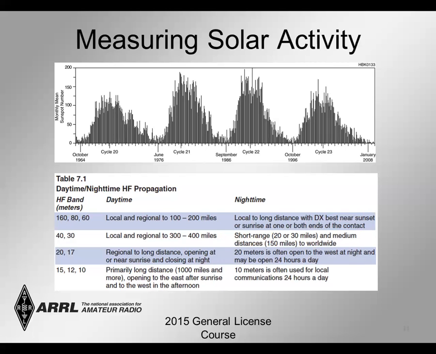And then after that, we go to 17, 15, and 12 meters and just touch base with everybody, check in, and then we close the net. Now the last three, the 17, 15, and 12 meters, you need a general class license or higher to operate on that frequency range.